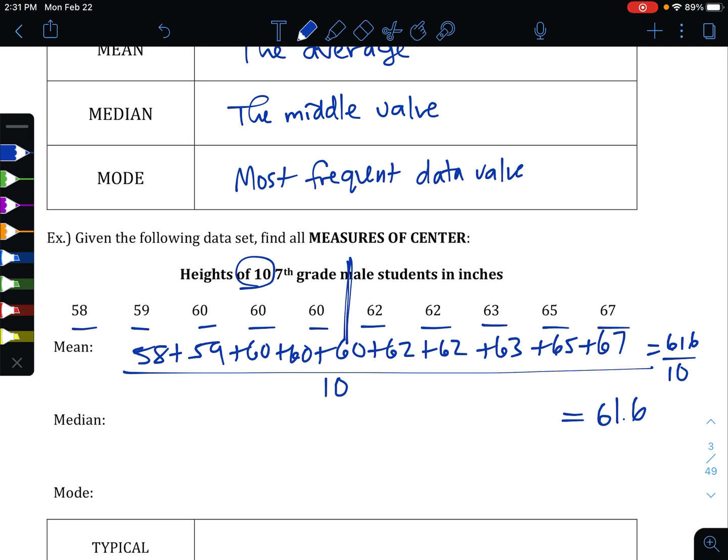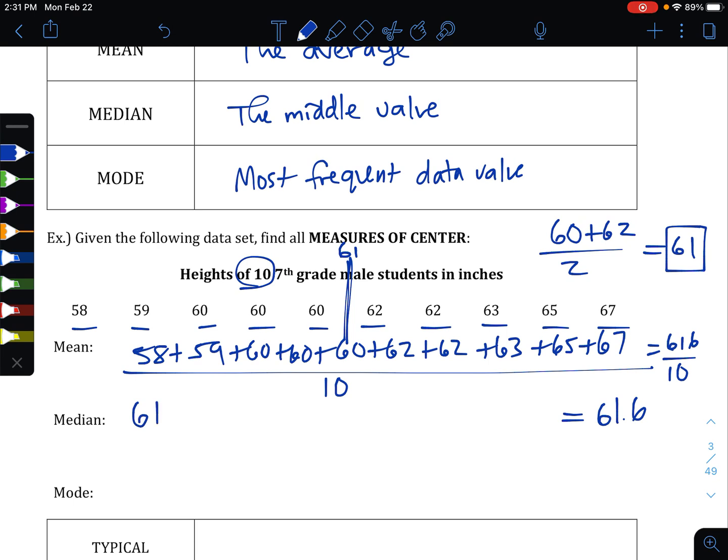So the middle is right in between 60 and 62, which is a pretty easy number to figure out on your own. That's just 61. If it wasn't that easy, what you'd have to do is just average those two numbers on either side. So 60 plus 62 divided by 2. You just average those to find the middle between them. So that would be where the 61 comes from.